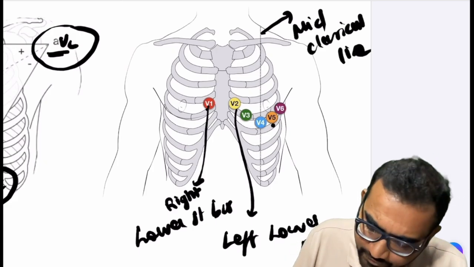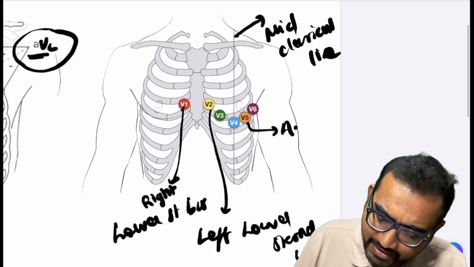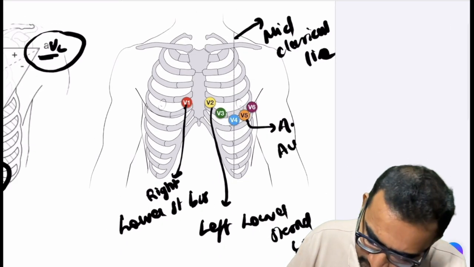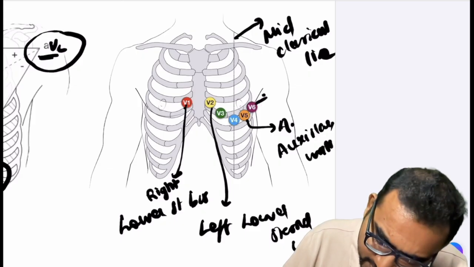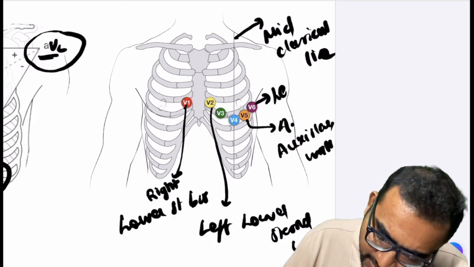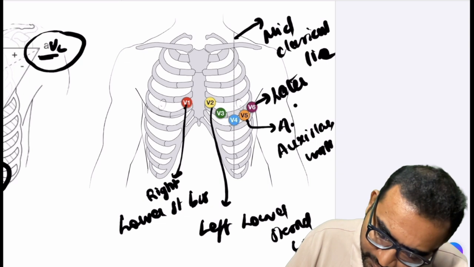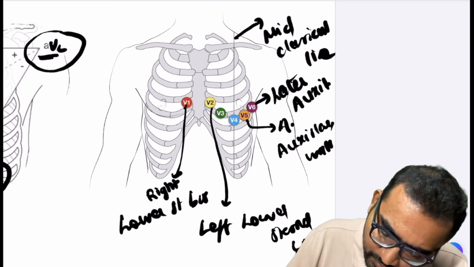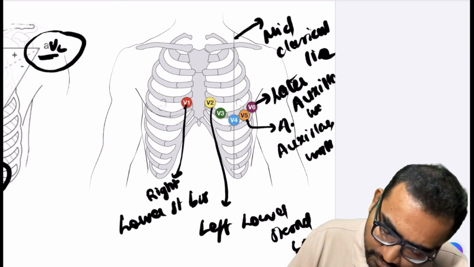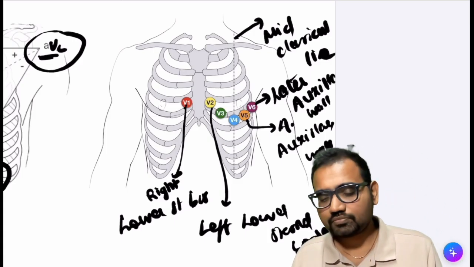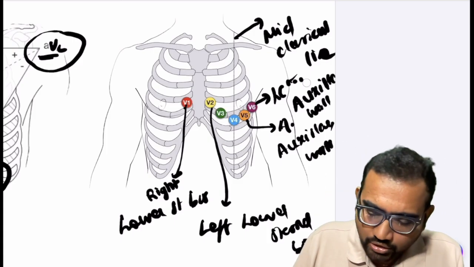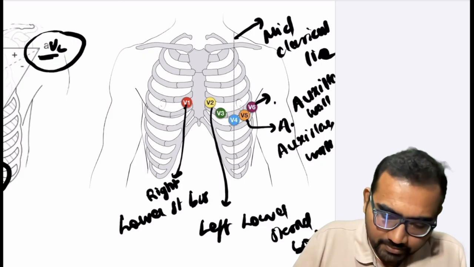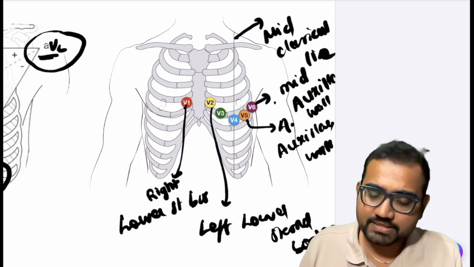V5 is the anterior axillary line, and V6 is the lateral axillary line, or in some areas they call it the mid axillary line, whatever it may be.